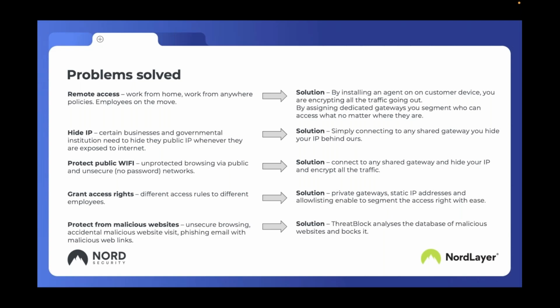You can do software cloud firewall as a service to filter access and usage. And we solve the problem of public IP address exposure and public Wi-Fi protection, and you can integrate with some of your SaaS.